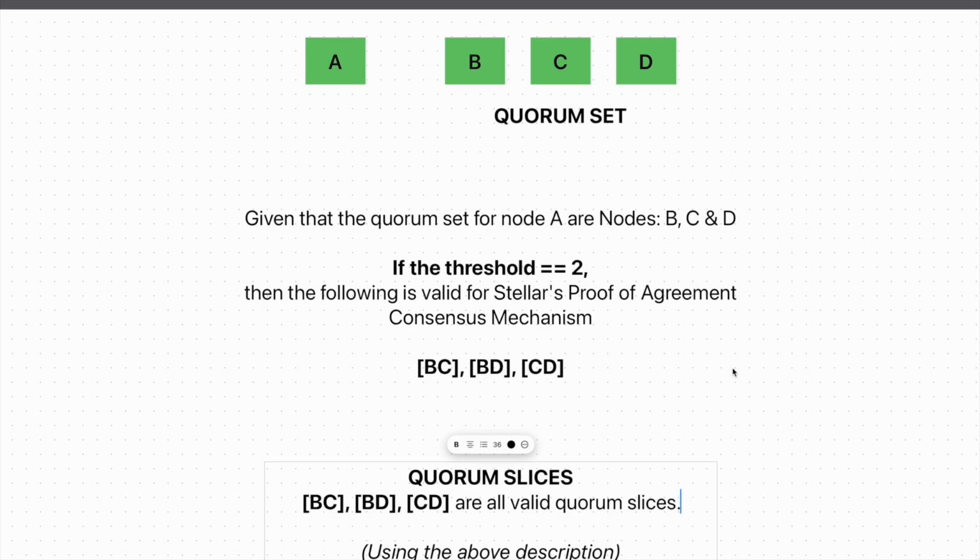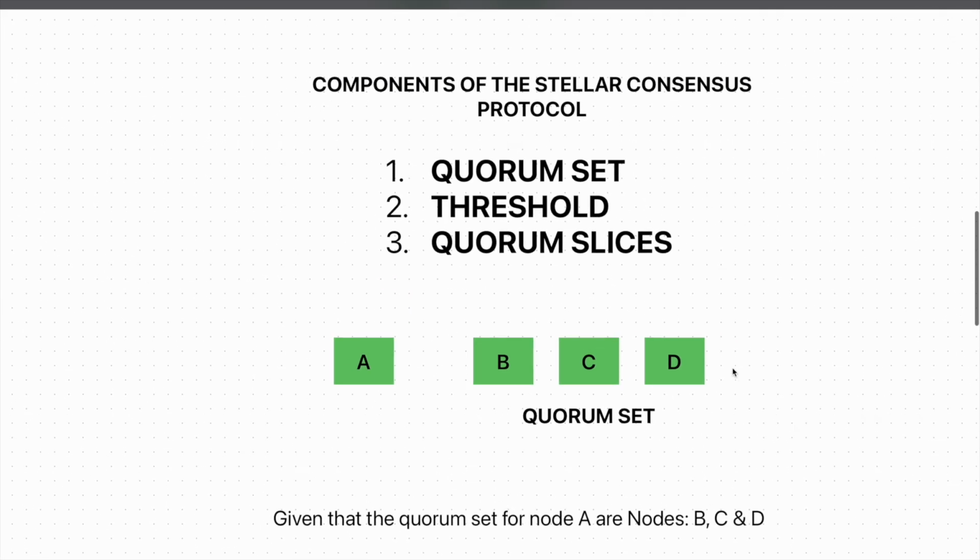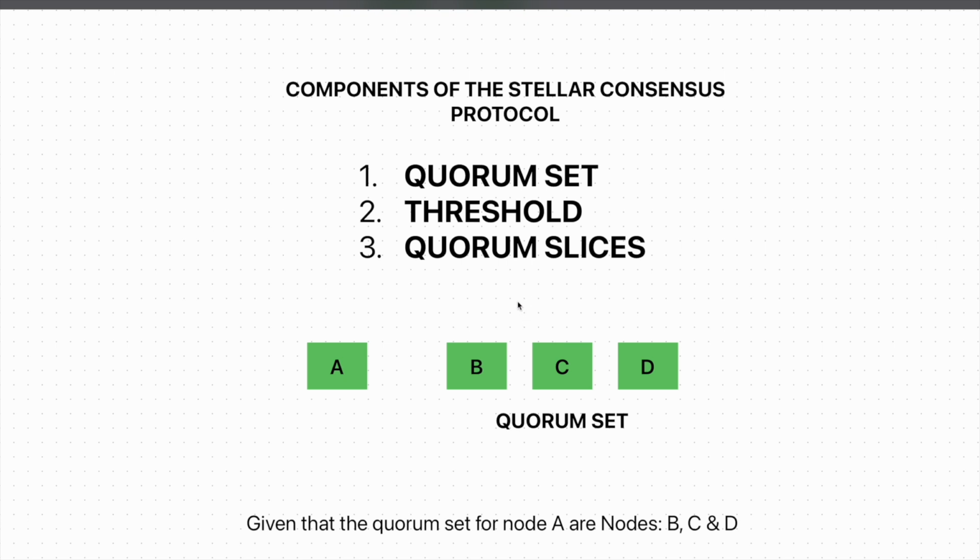Just to reiterate, we have the first one as the quorum set, the second as the threshold, then the third as the quorum slices.